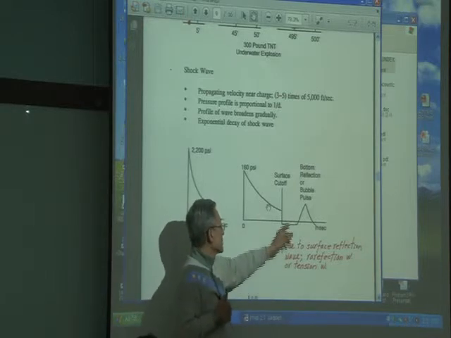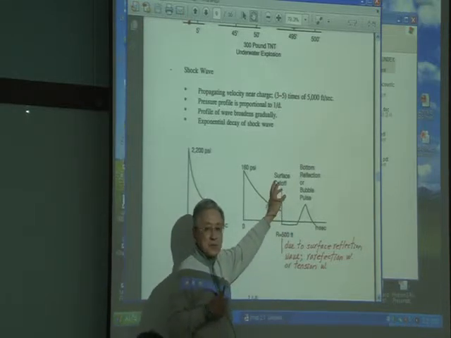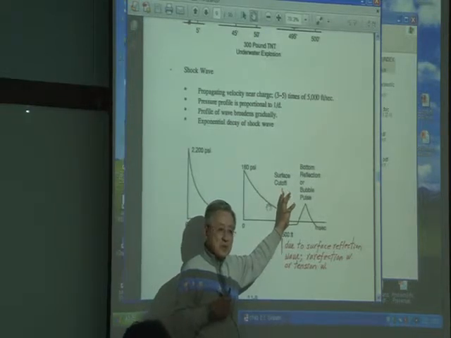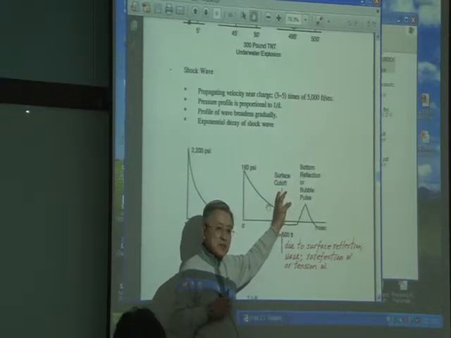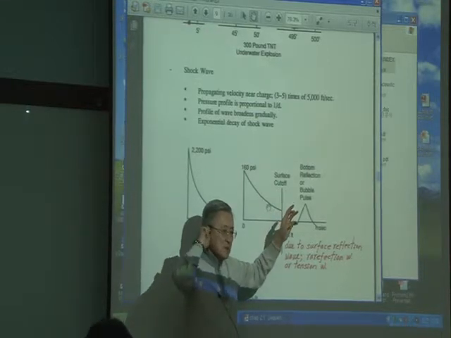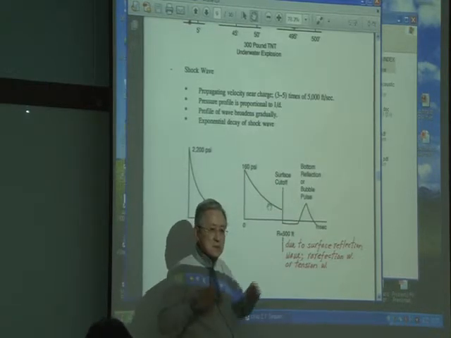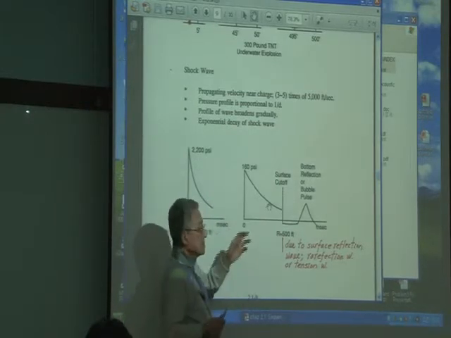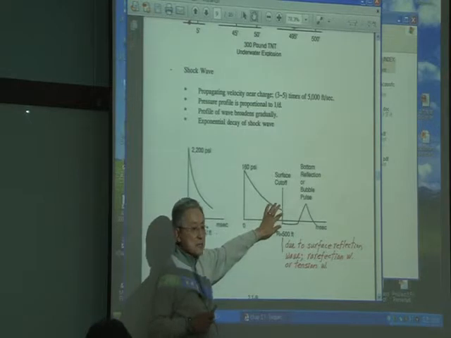I'm going to ask you a question about the surface cutoff, the most important phenomenon. If you cannot explain the surface cutoff, then you lose one important act, which is just an appetizer.